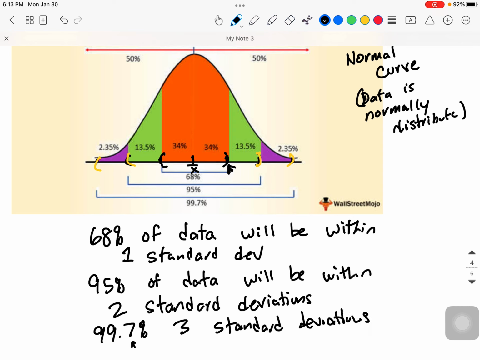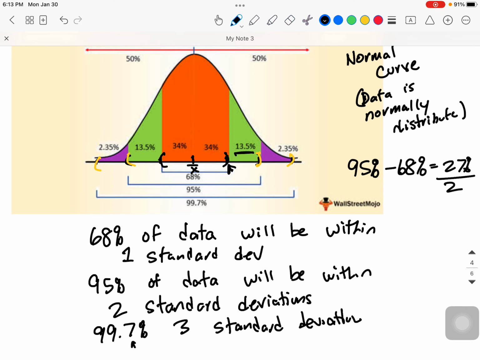Now, if you wonder how these numbers, I'm circling them right now, are calculated, the idea, for instance, if I wanted to show you how 13.5 is calculated, is if you do 95%, subtract the 68%, that's orange, that's 27.